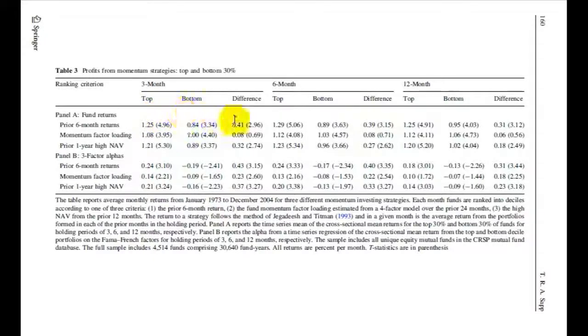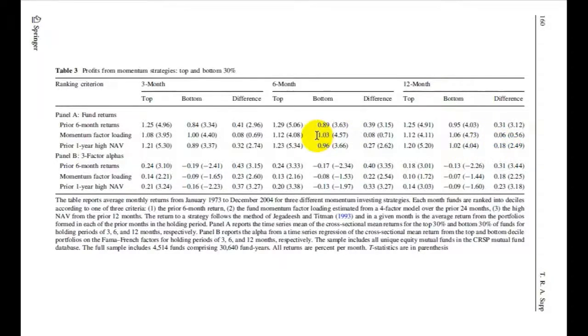But having said that, we still have some pretty high significant excess returns of the prior 6-month return method and the prior 52-week high method, where over a 12-month period we can get excess returns of 0.31% or 0.18% per month.